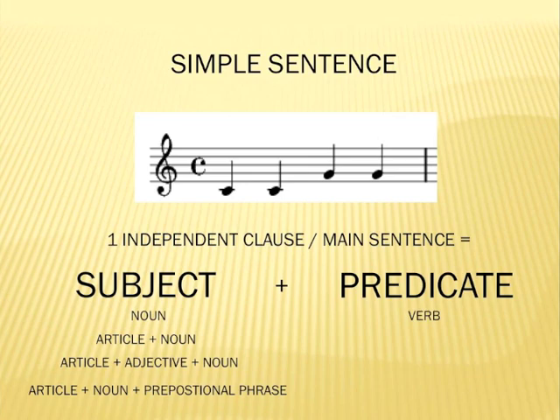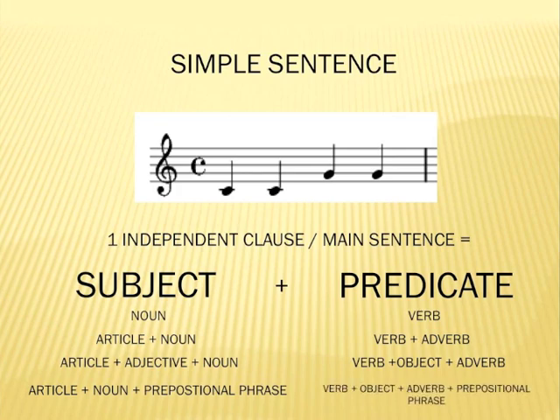Predicates could be as simple as verbs, or contain verbs and adverbs, or if they're action verbs, need an object, and of course could add adverbs and prepositional phrases to those as well. So again, the key here is that subjects and predicates, these are kind of general labels. They're very flexible labels. They can be as small or as large as we need them to be.